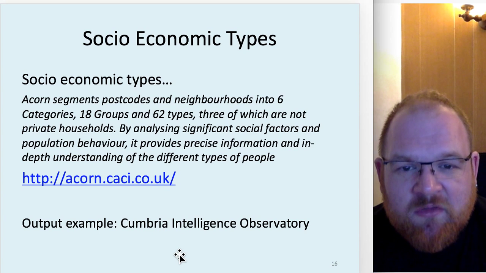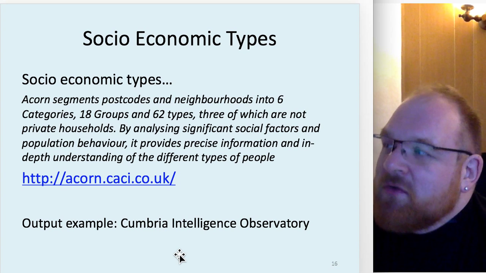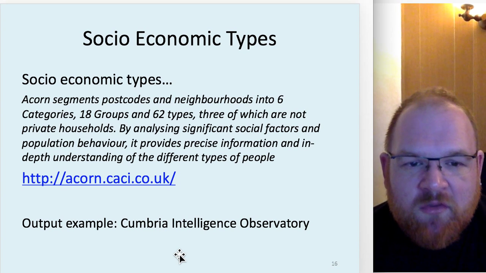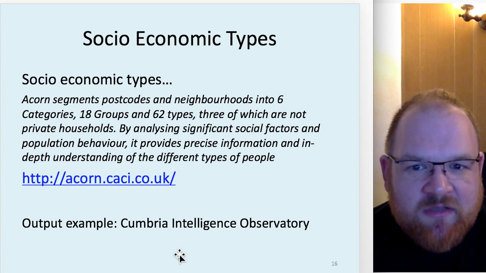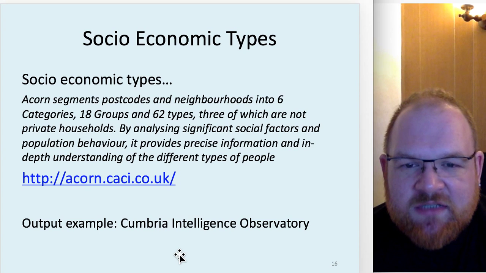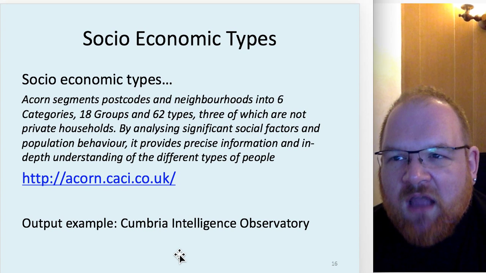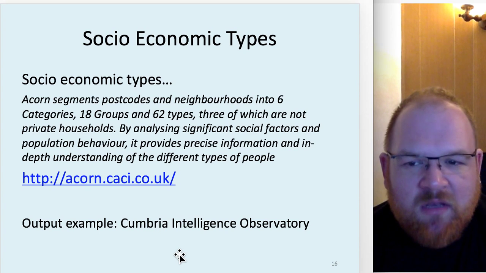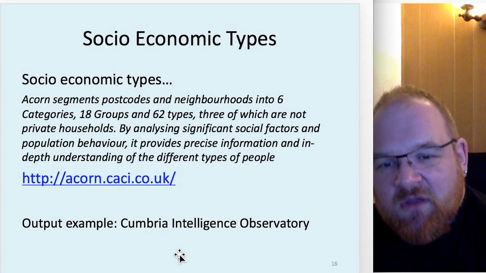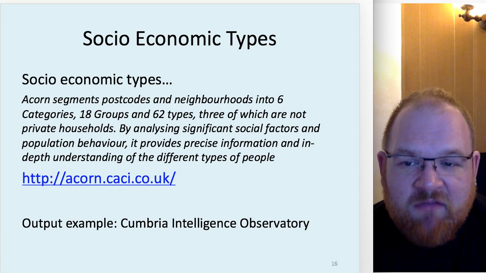It is always interesting to see what group you fit in, but it gives you a demographic overview of local populations, and it's really quite detailed, and you can see exactly what type of people, their average earnings, the type of things they do, and how they spend their money. And that's what Acorn does, and it is very, very powerful indeed.